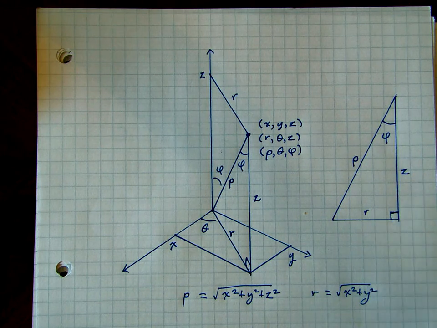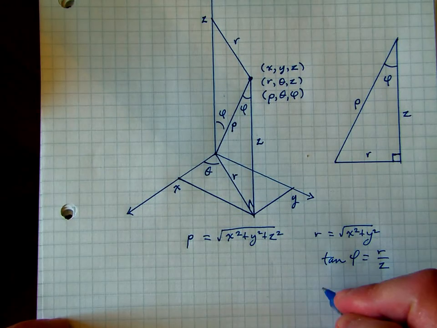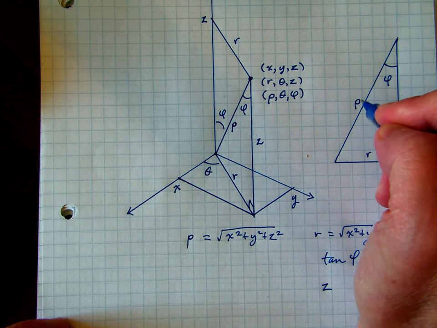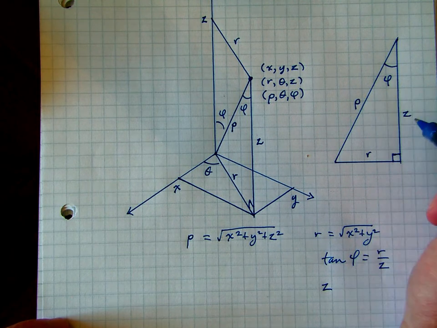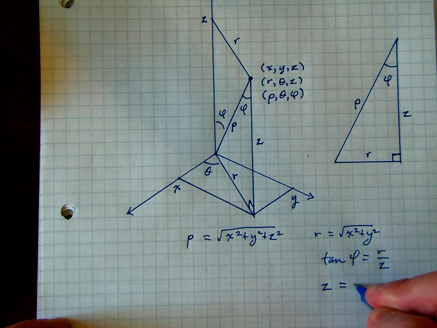So that tells us a few things right away. For example, we know that the tangent of phi is going to be r over z. We also know that if you take z and divide by rho, that's adjacent over hypotenuse, you're going to get cosine.